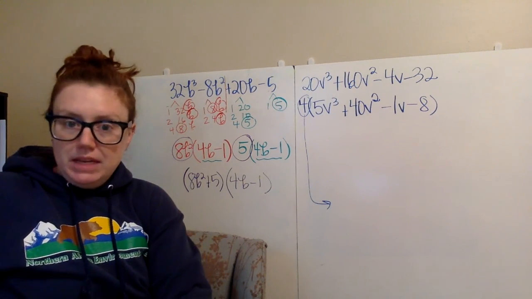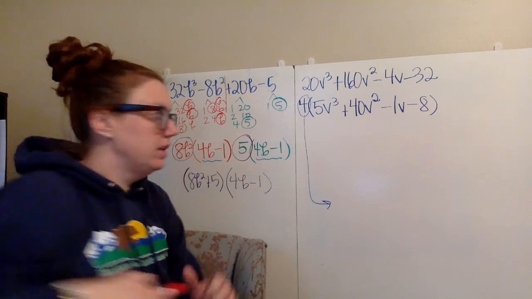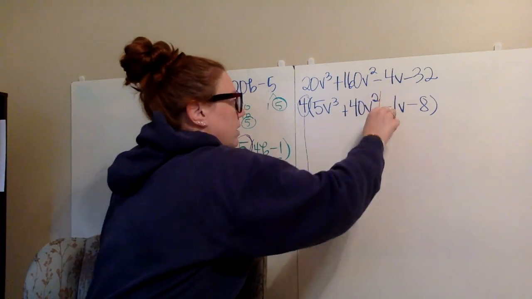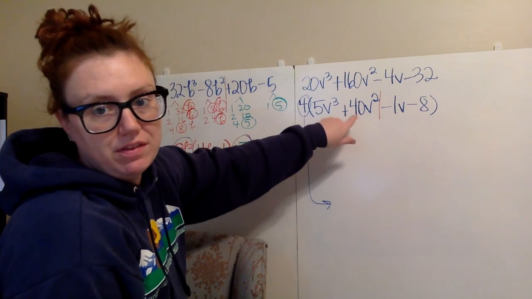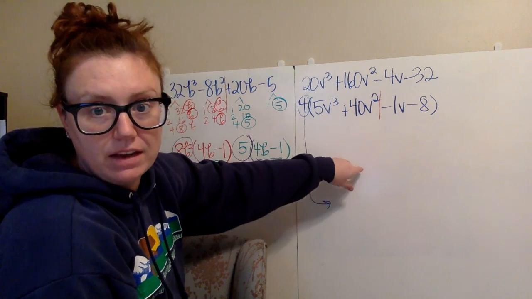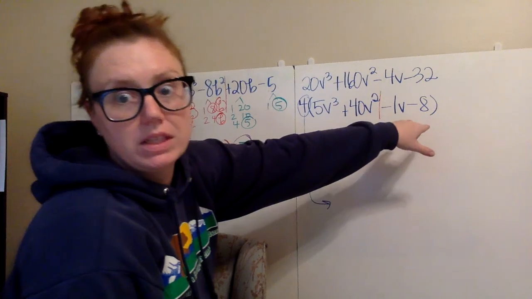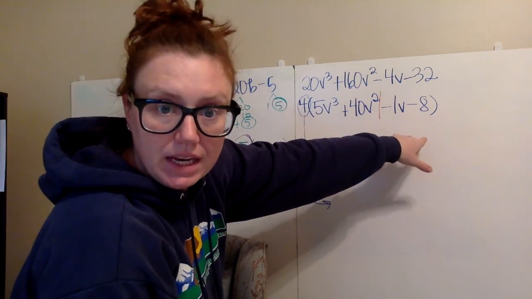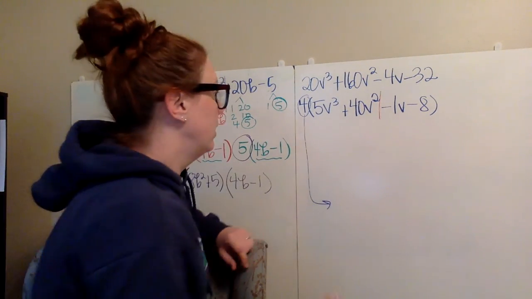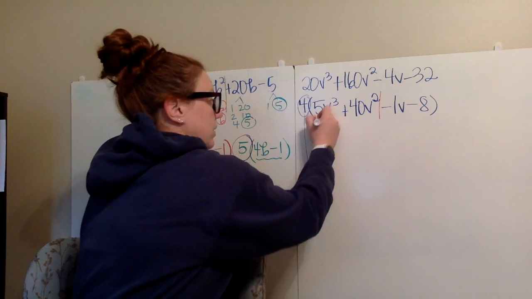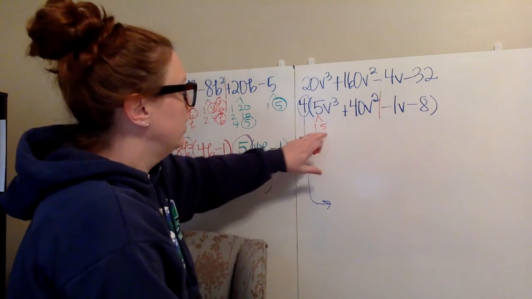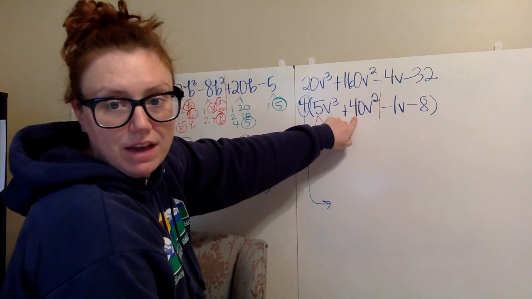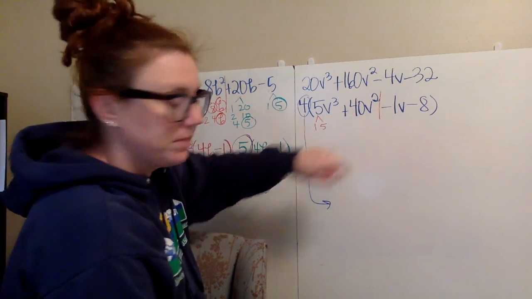So now I'm going to split it in half. And I'm going to look for the GCF of the first half and factor that out. Then I'm going to go on to the second half and find the GCF of the second half and factor that out. Start with a smaller value, just 1 and 5. Can 40 be divided by 5? Yes.